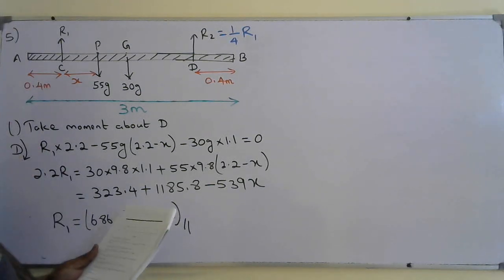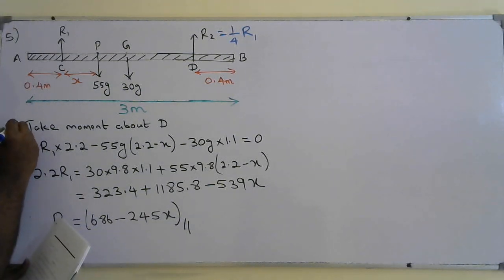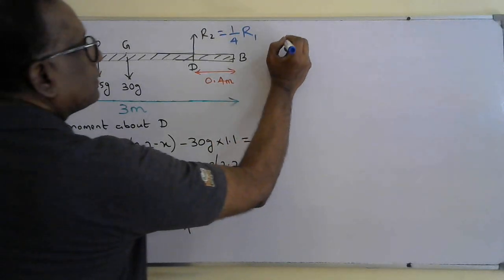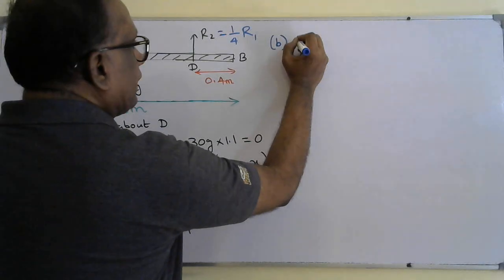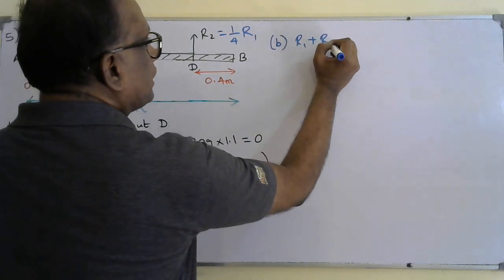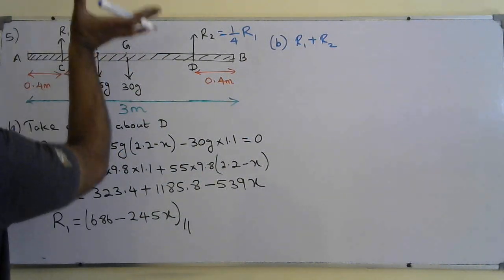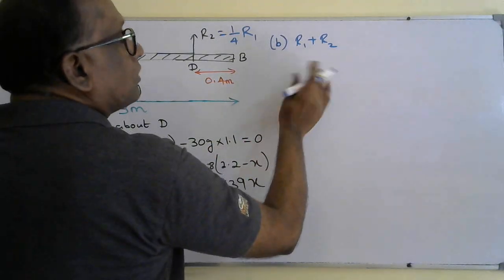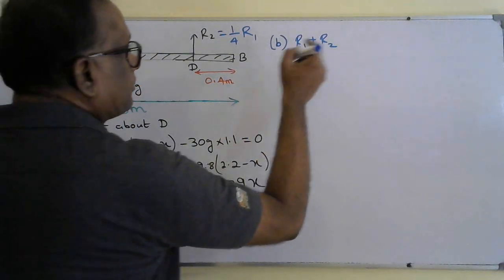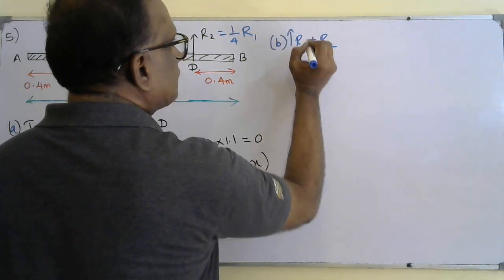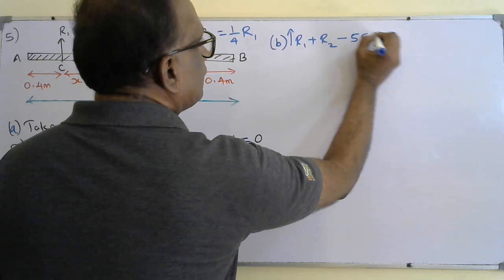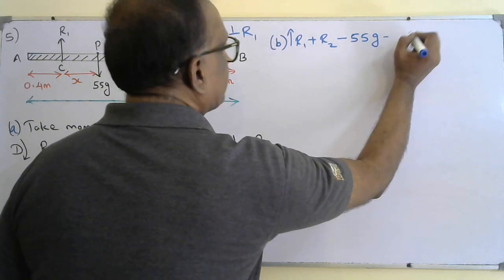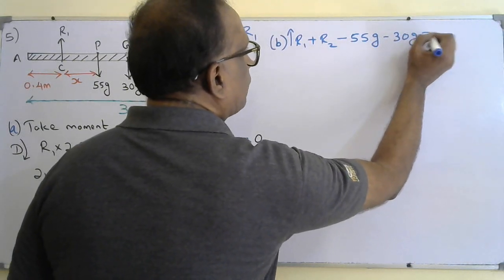The A part we answered already. Now B part, that's a technique actually, not physics. We know that the total upward force equals total downward force, or resultant force must be 0. So R1 plus R2 minus 55g minus 30g equals 0.